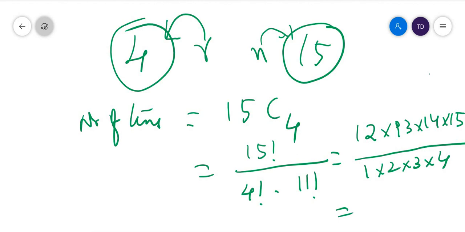When you calculate, you will get 1365. So this is the answer.